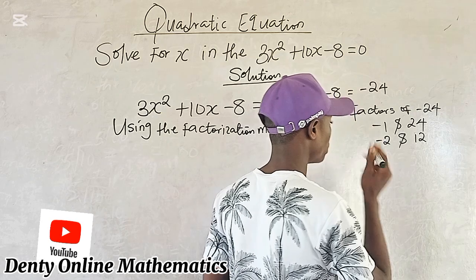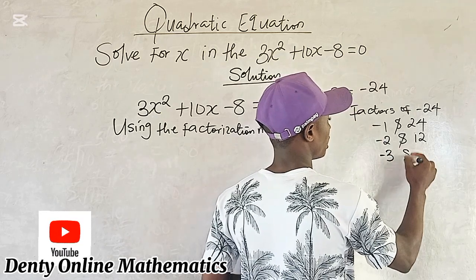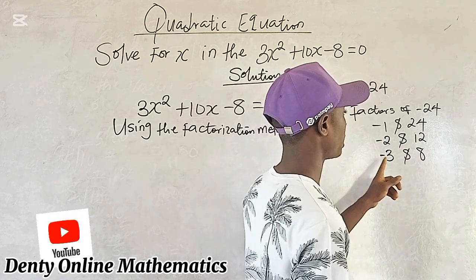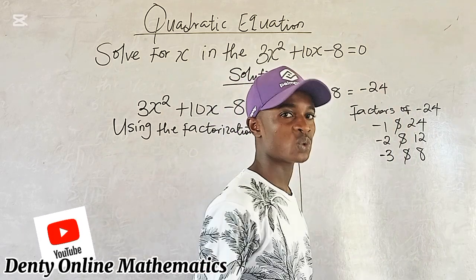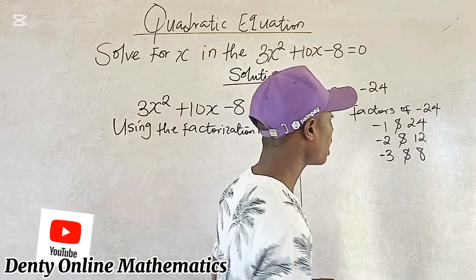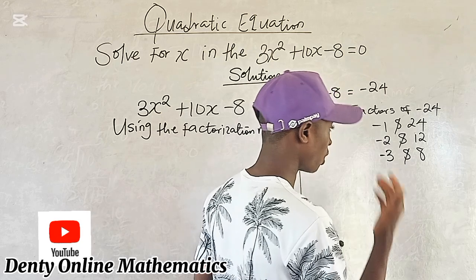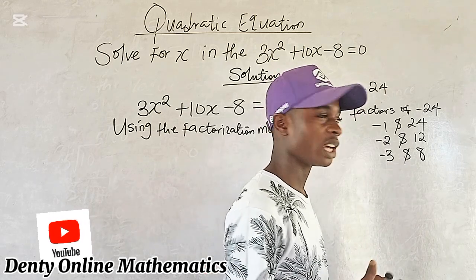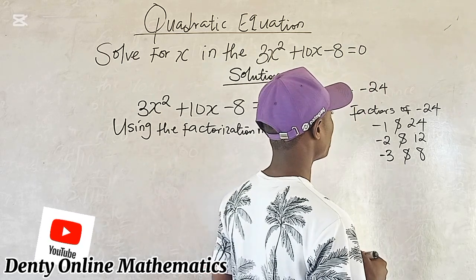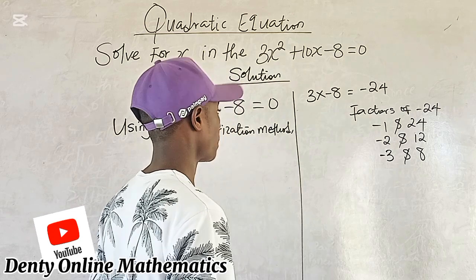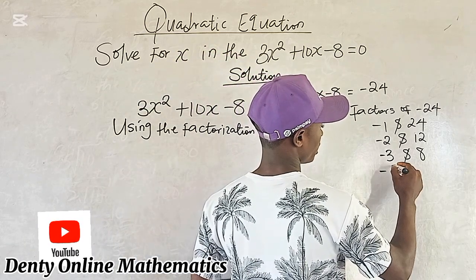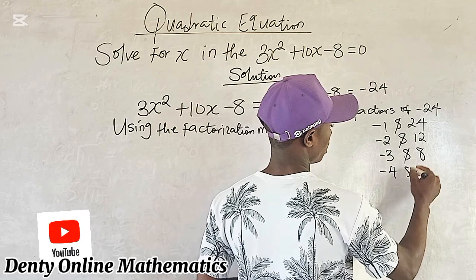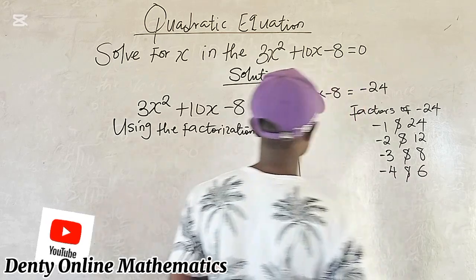Another one that can still go is minus 3 and 8, because minus 3 times 8 will give us minus 24. You're seeing? Now another one can still be coming down if we wish. 6 and 4, let's say minus 4 and 6 can also go.